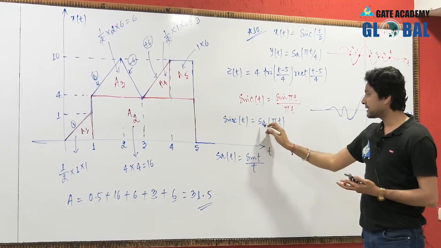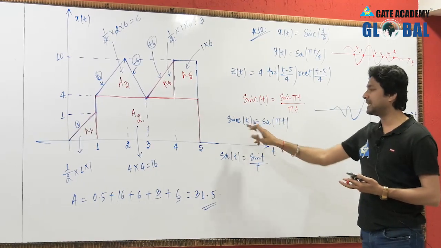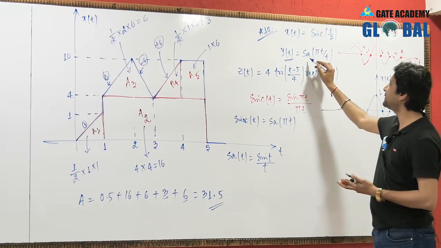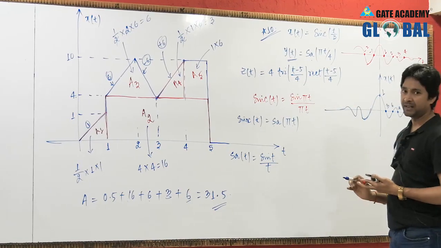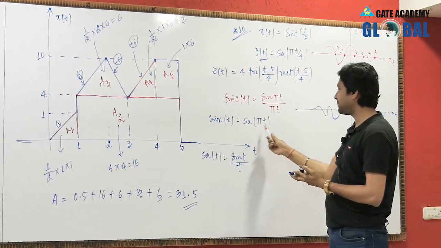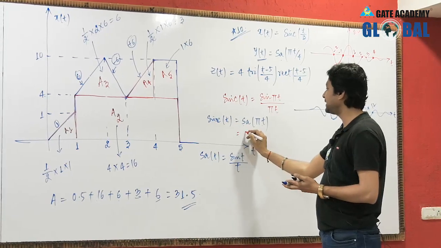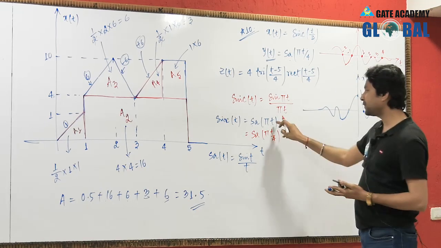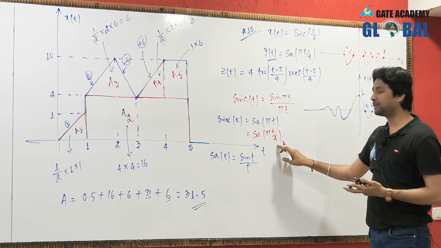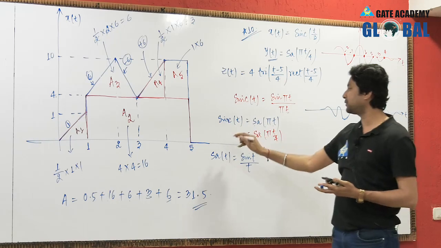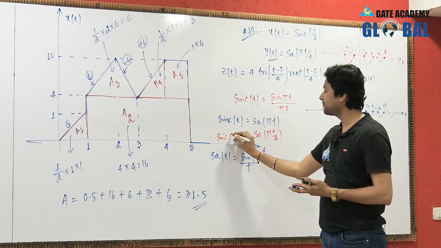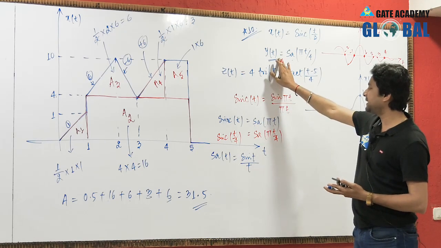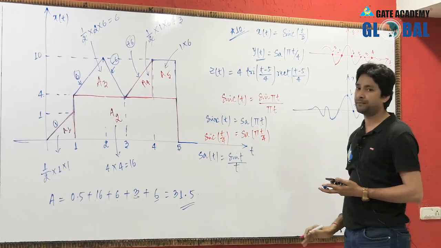Therefore, sampling of pi t can be written as sinc of t. Similarly, y of t is sampling of pi t by 4. If sampling of pi t is sinc of t, then taking t as t by 4 on the right hand side, we must also take sinc of t by 4. Therefore, this signal y of t is nothing but sinc of t by 4.